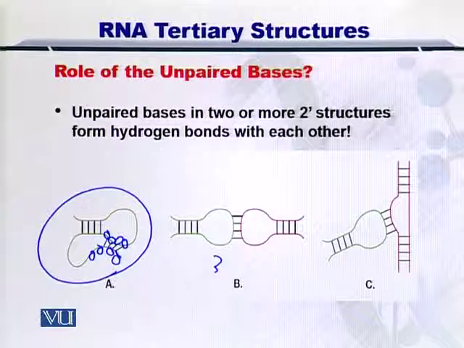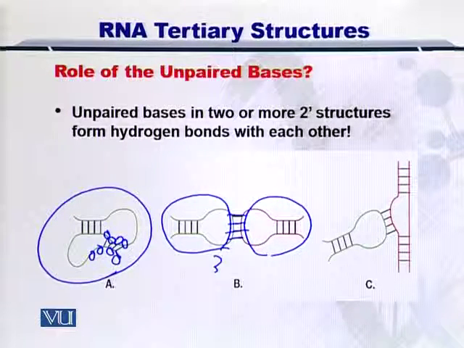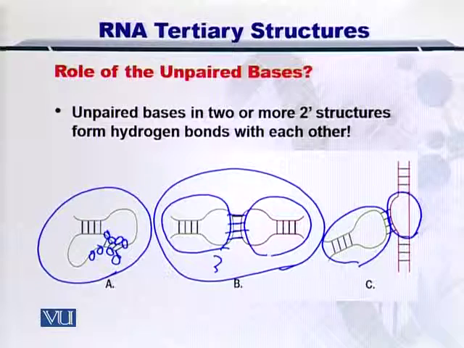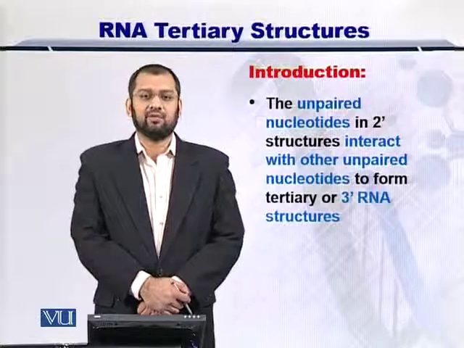Dear students, as you know, the case of the kissing hairpins as well, in which case the 4 unpaired nucleotide bases come together and a new tertiary structure is formed, as well as the hairpin bulge contact, in which case a hairpin with its 4 unpaired nucleotides is bonded with the unpaired nucleotides in the bulge. So these tertiary structures that are formed are very important in the function of the RNA that we'll see later on.